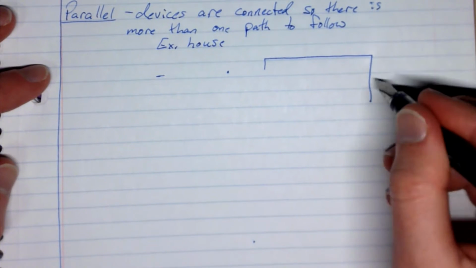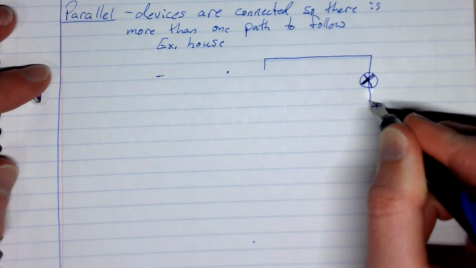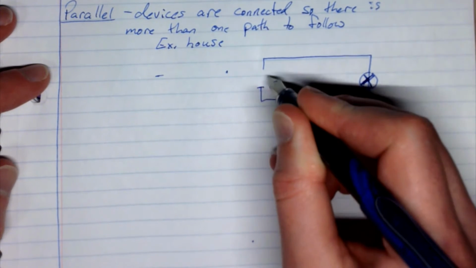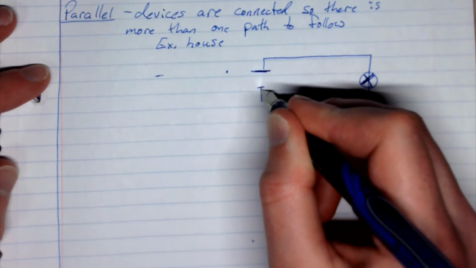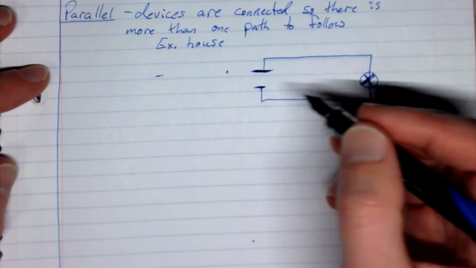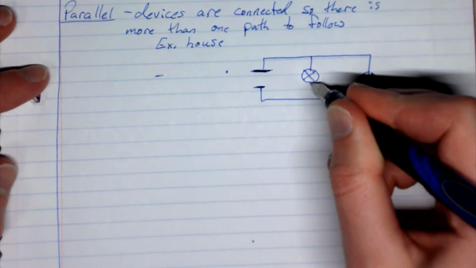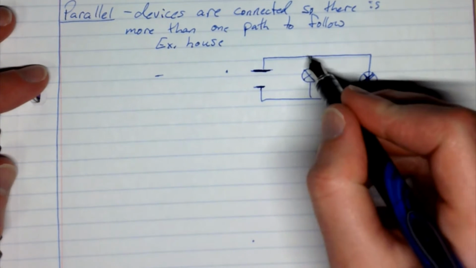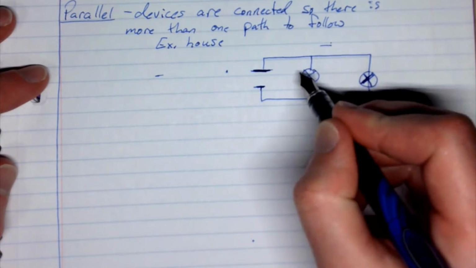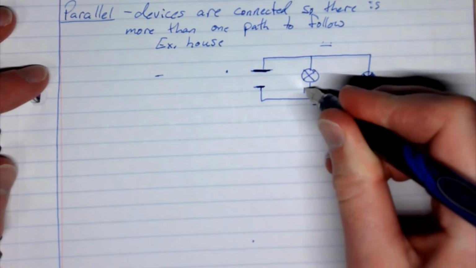Put a lamp there. That's really far apart. Those are supposed to be closer, whatever. So in this case, we have a path this way or a path this way.